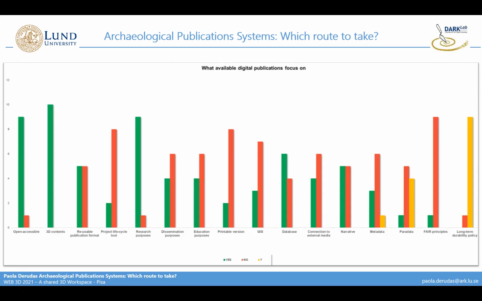So I focused a bit more on the project where I was taking part, so that I know better. But the review that I made, and this chart represents it, includes all of them, and it highlighted the primary focus of such systems, also allowing me to identify some of the flaws that, as a community of digital archaeologists working with this kind of aspect, we still need to overcome.